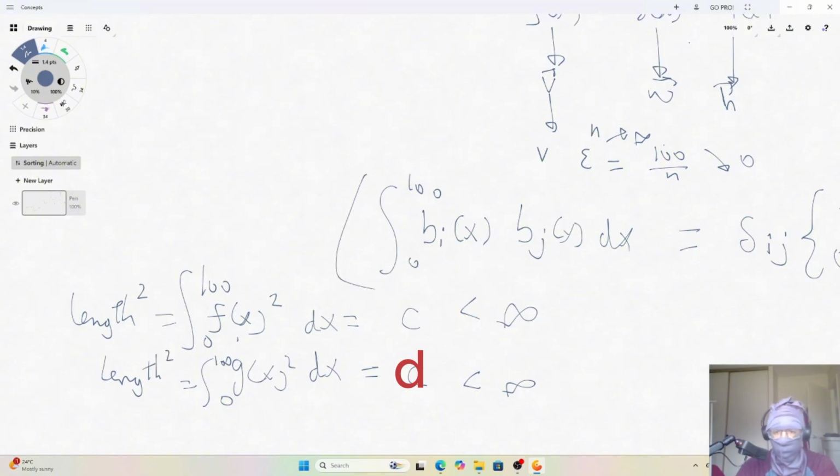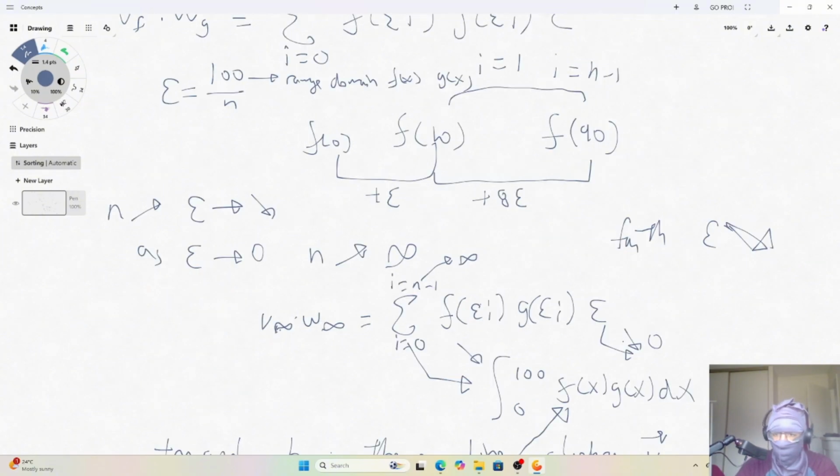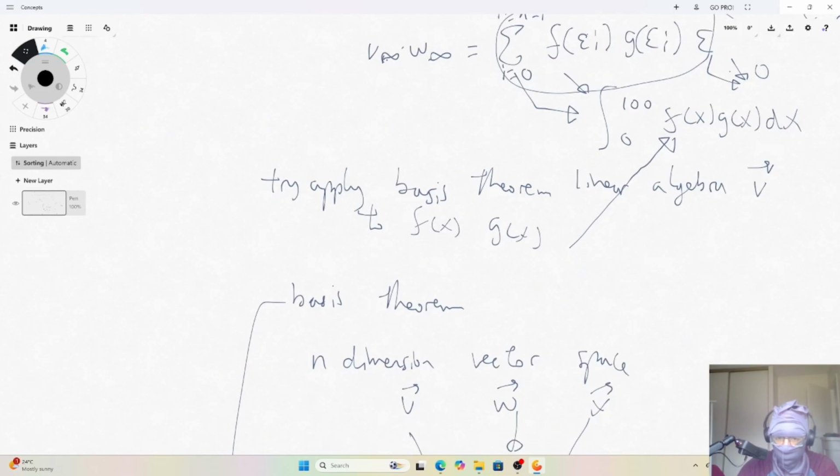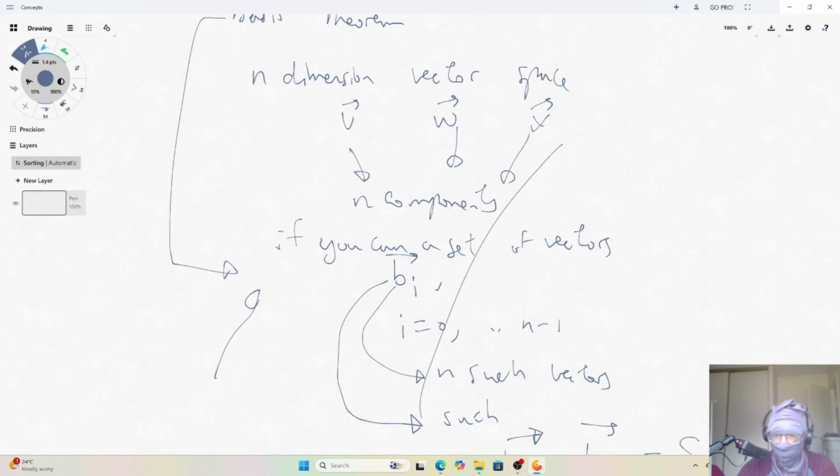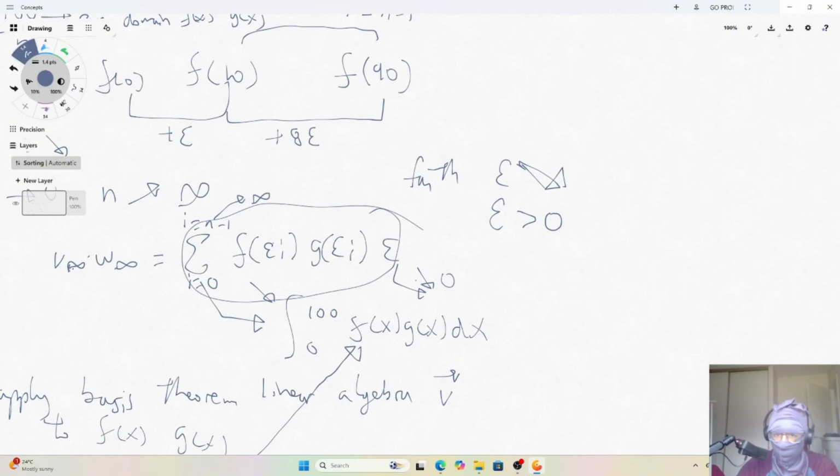So if we can find a set of bases, we know that when epsilon is larger than 0, this formula has a theorem attached to it, because when epsilon is larger than 0, n is finite. So we know that it applies.